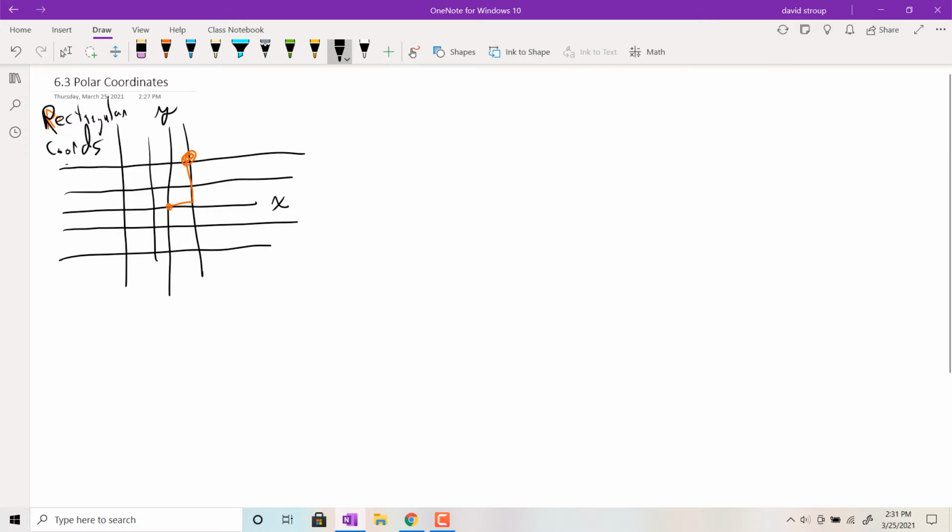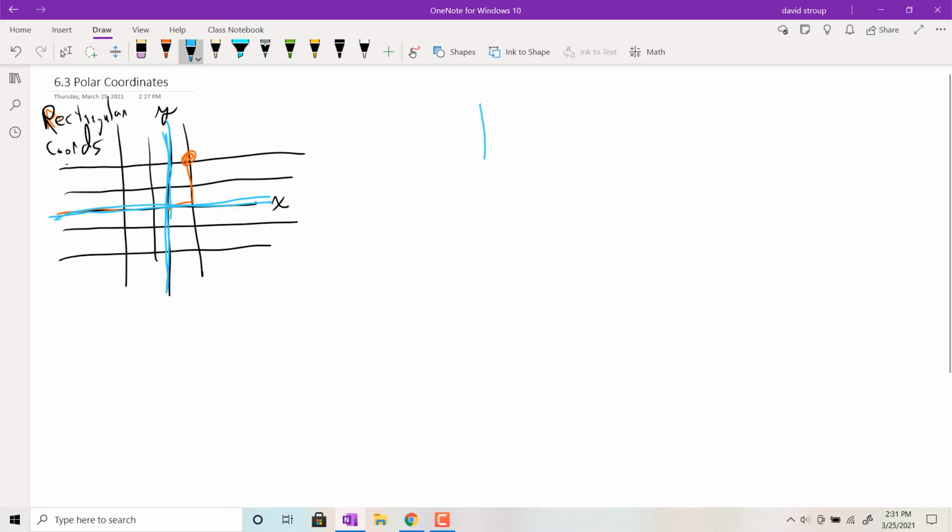The polar coordinate system you can also put in the xy plane. It's not clear where the xy plane is in my picture, so I'll make that more clear with the blue axes. There's the x-axis and there's the y-axis.